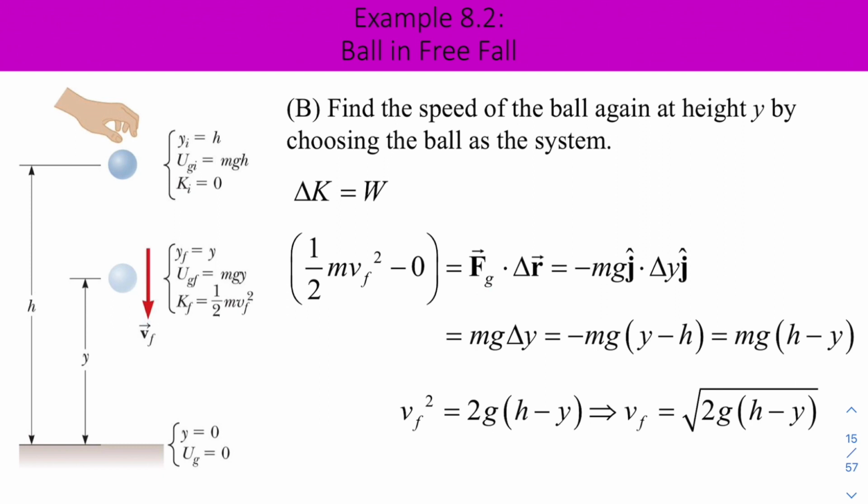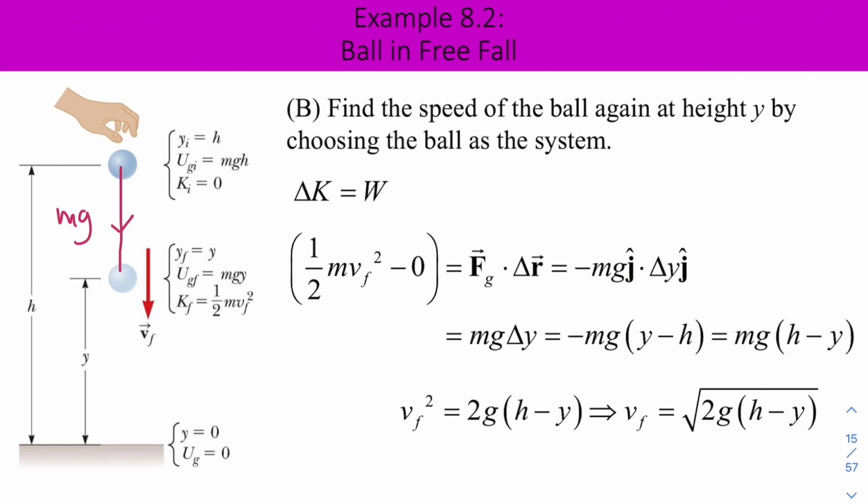And work done by gravity is the product of Fg dot delta r. Delta r is the change in position vector. So we have mg, which is negative because it's downward. Weight is always downward, right? This is weight, so along negative j, times delta y, also in j.